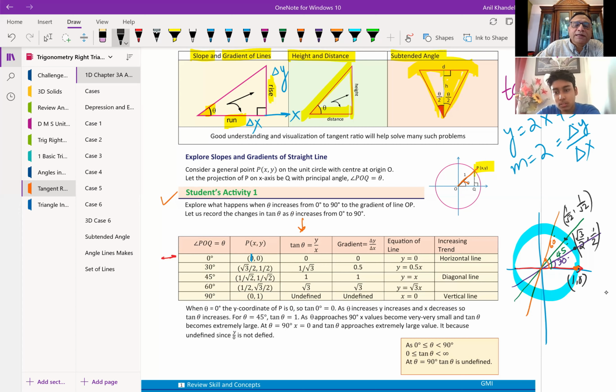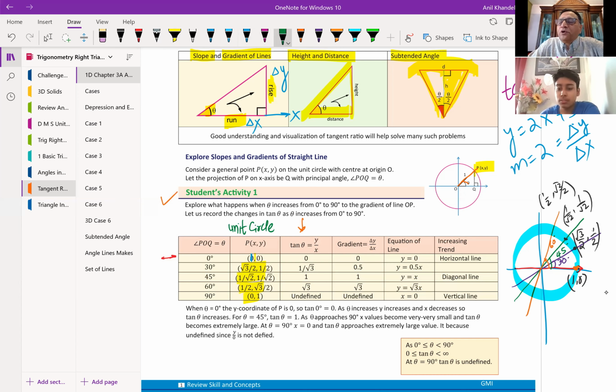And if you take a point at 60 degrees, it will be half, square root 3 by 2. These are the points on the unit circle.